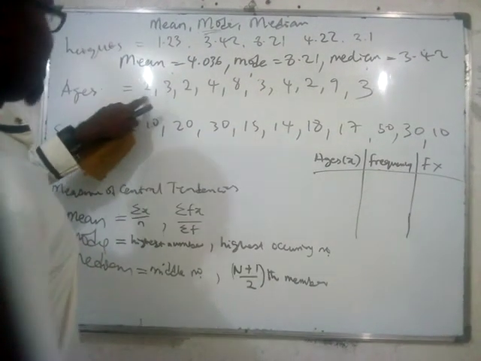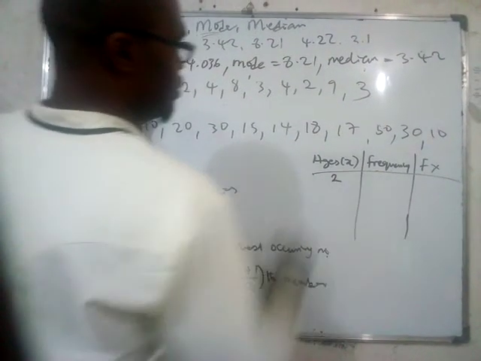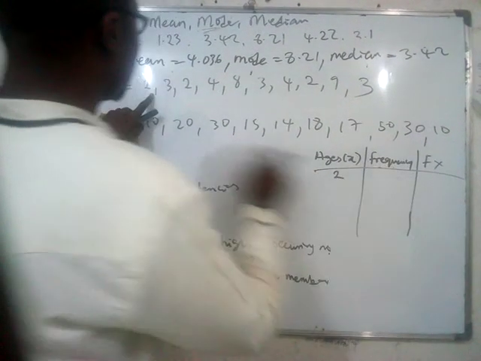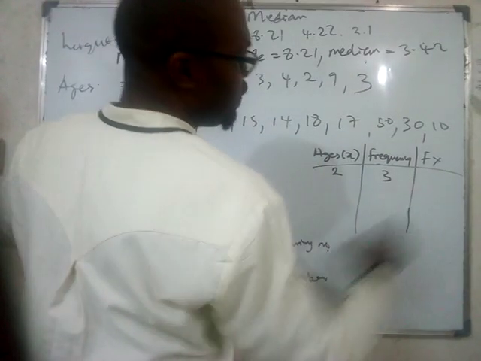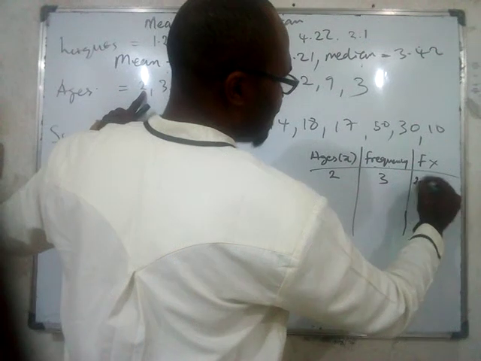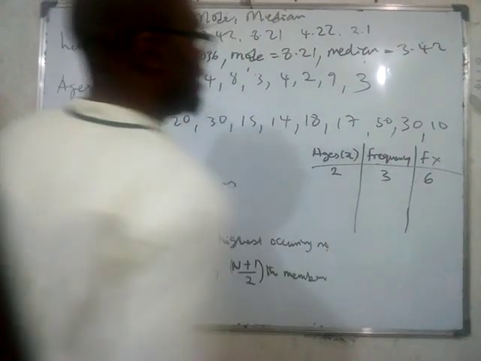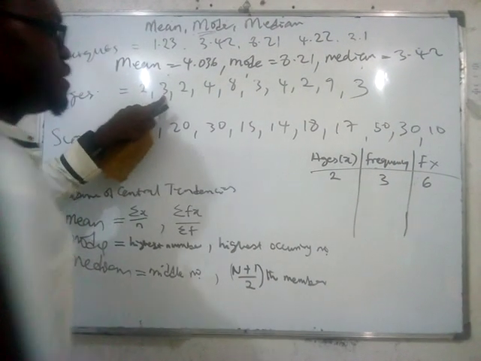Now, what are the ages that we have? We have 2. How many times is 2 occurring? 3 times. So fx will be 2 times 3, which is 6. The second number is 3.